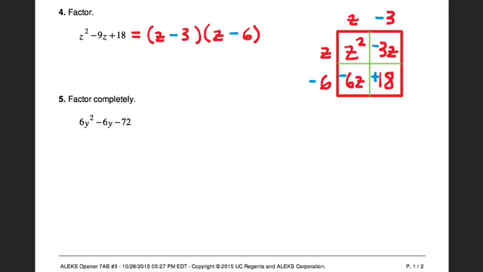In fact, if we wanted to come up with general patterns, when this coefficient is positive but this coefficient is negative, is it always going to be the case that I'm going to get two negatives in my factorization? If I have a pair of numbers whose product is positive but whose sum is negative?